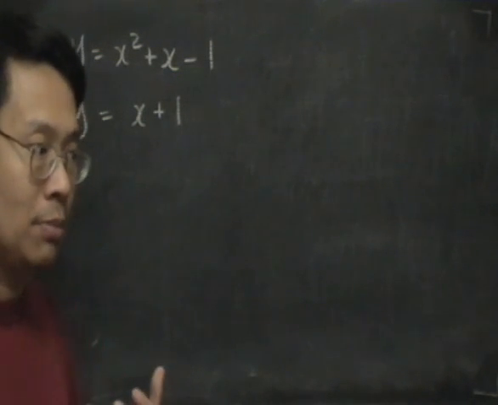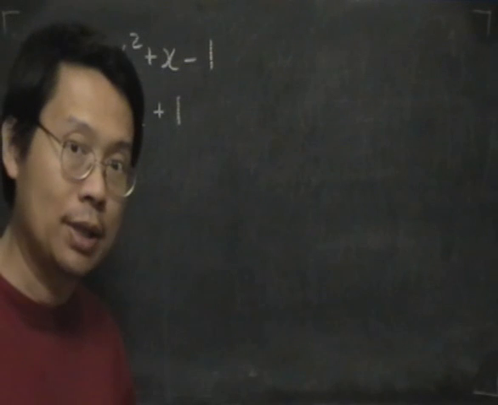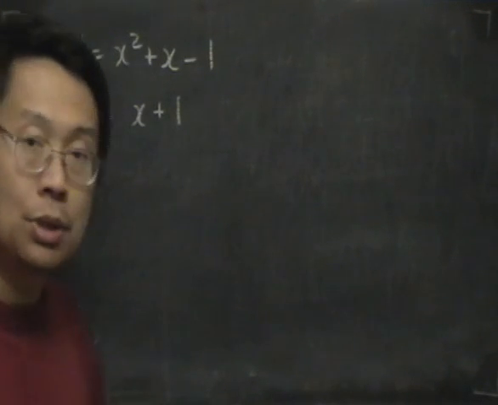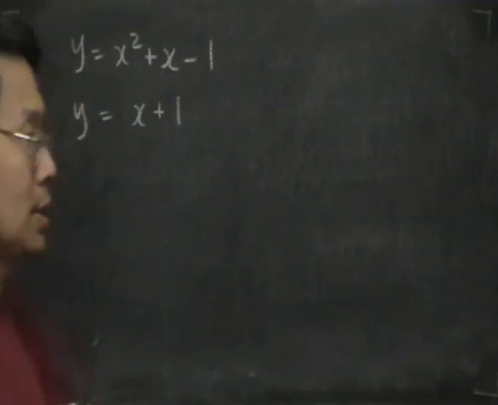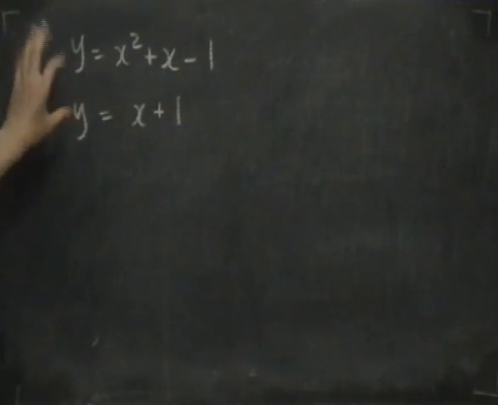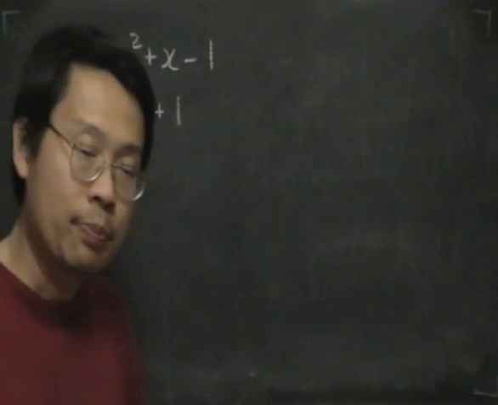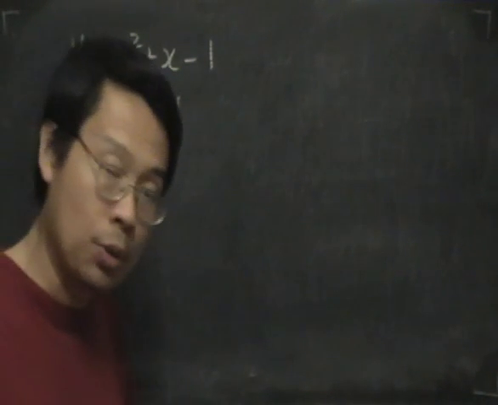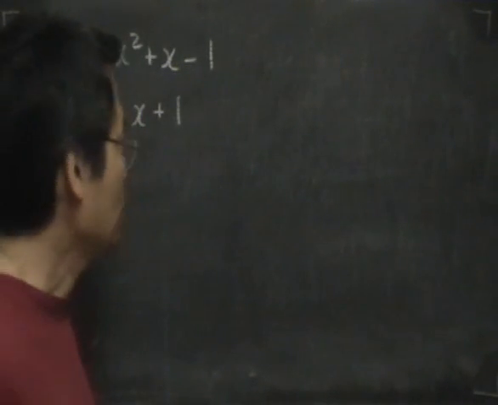For some quadratic equations you cannot just do it by factorization, but you can always use the quadratic formula to find the answer. But in this case, I'm going to show how we can also use the graphical method to find the answer.